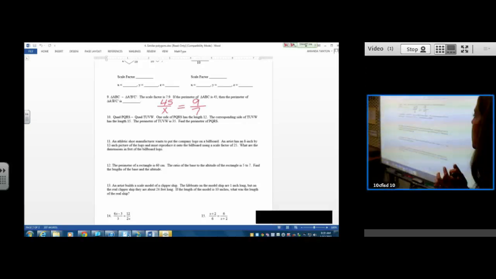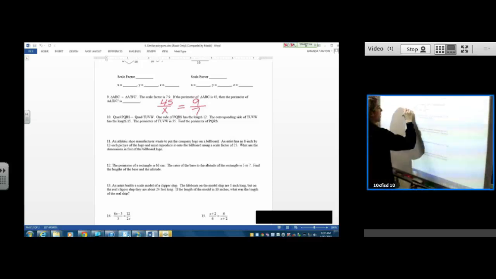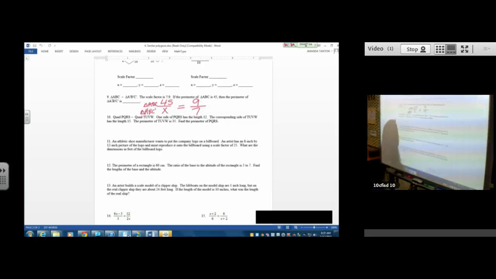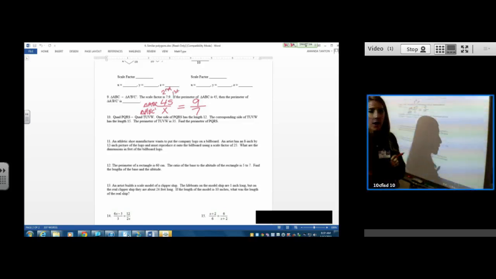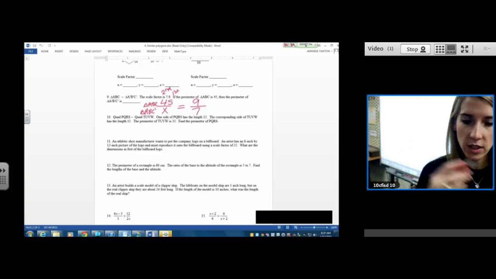So in our proportion, we have the perimeter of triangle ABC, and then the perimeter of triangle A prime, B prime, C prime. The scale factor is 7 to 9. So that's second over first. Remember, scale factor is second over first.